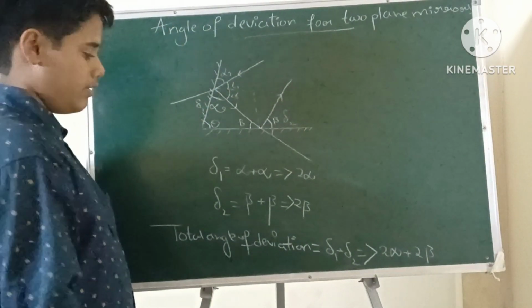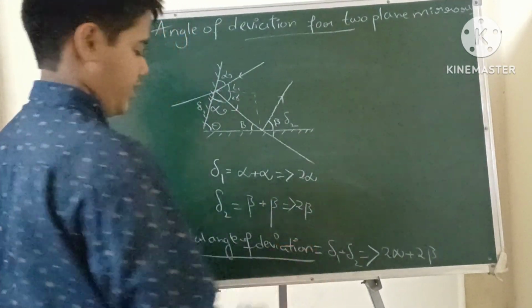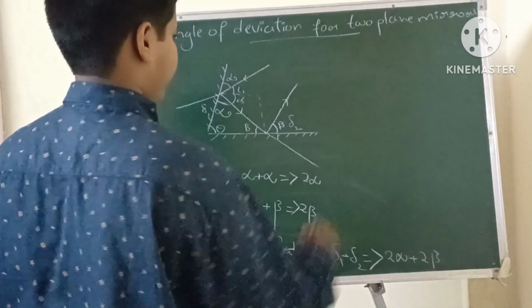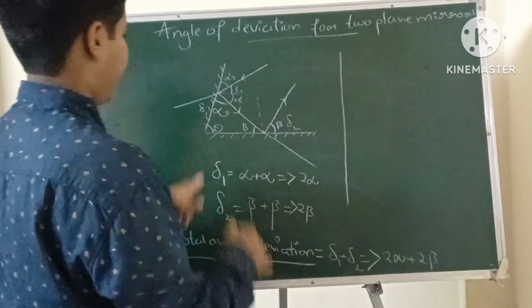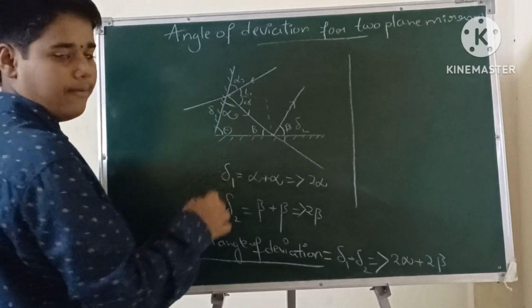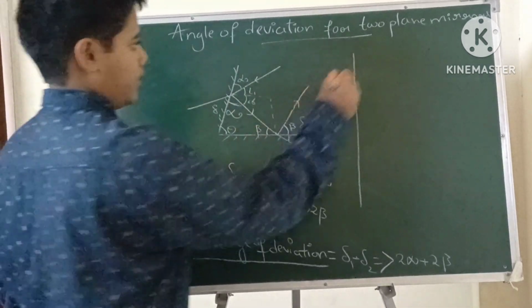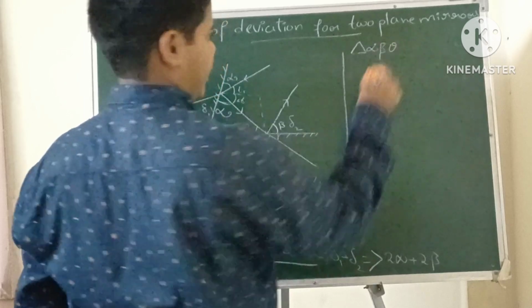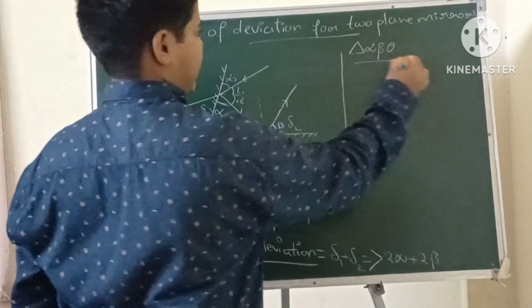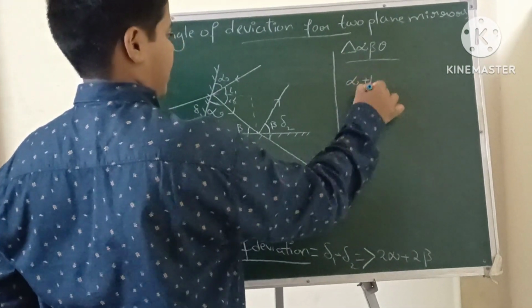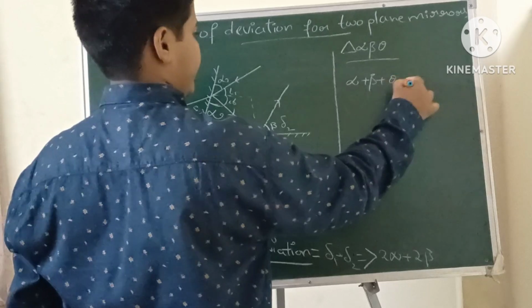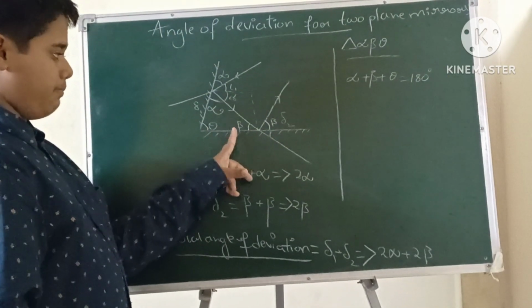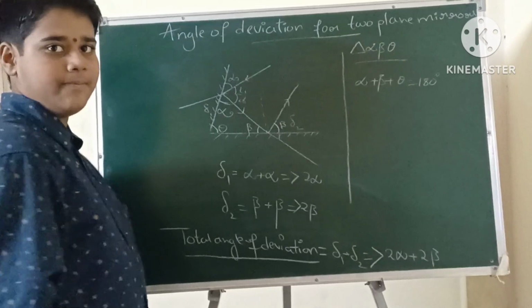Okay, so this is the total angle of deviation. So if we see in this triangle alpha, beta, theta, in this triangle alpha plus beta plus theta is equal to 180 degrees. See, alpha plus beta plus theta is 180 degrees.